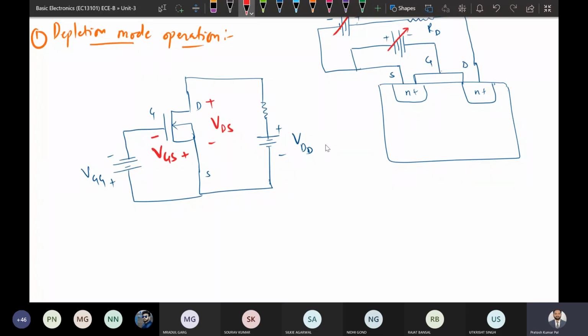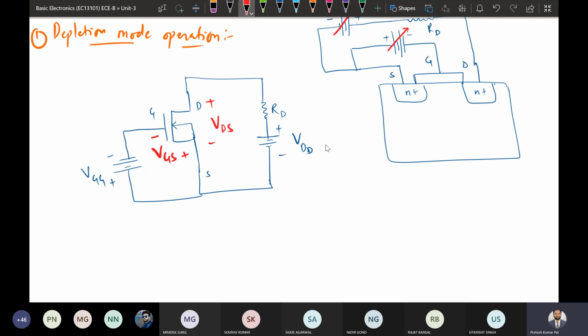This is the structure we need to implement. This is RD, that is output resistance. With respect to applying gate to source voltage, we need to consider the current flow. So if this is positive, and this is n-type side, that means this is source and this is drain.